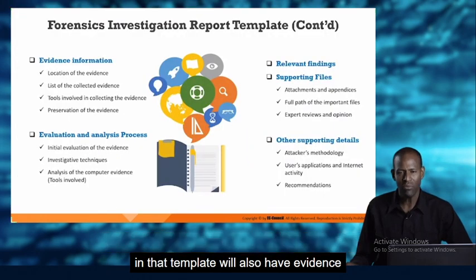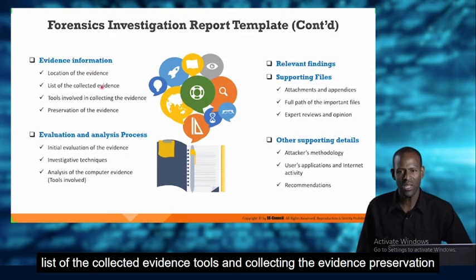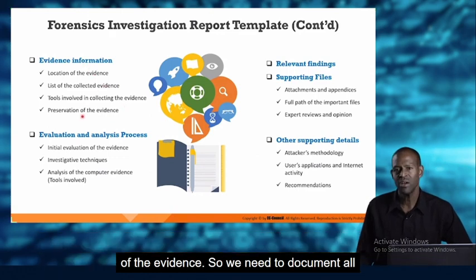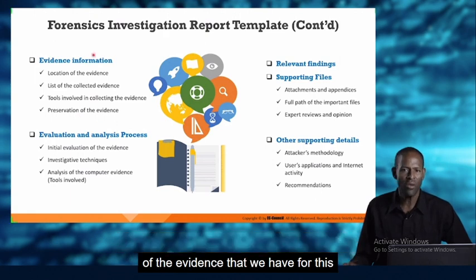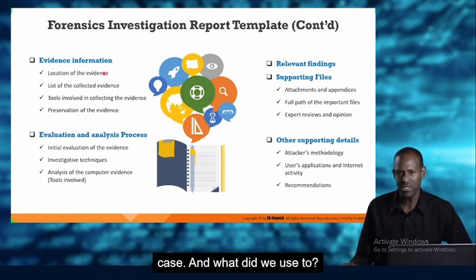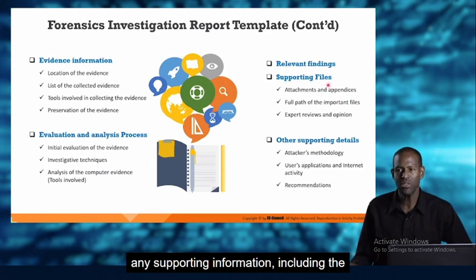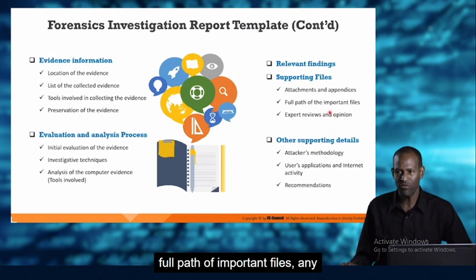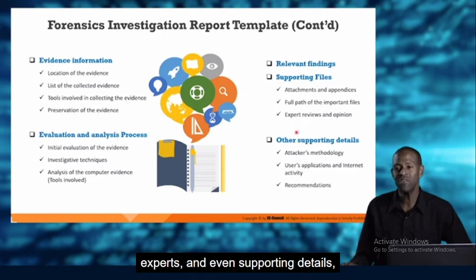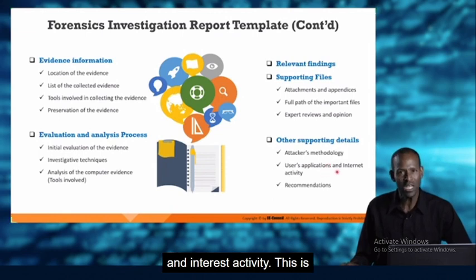So in that template, we'll also have evidence information: location of the evidence, a list of the collected evidence, tools used in collecting the evidence, preservation of the evidence. So we need to document all of the evidence that we have for this case, and what we used to evaluate and analyze that evidence, and any supporting information, including the full path of important files, any reviews and opinions by experts, and even supporting details like what methodology the attacker used and the user's applications and internet activity.